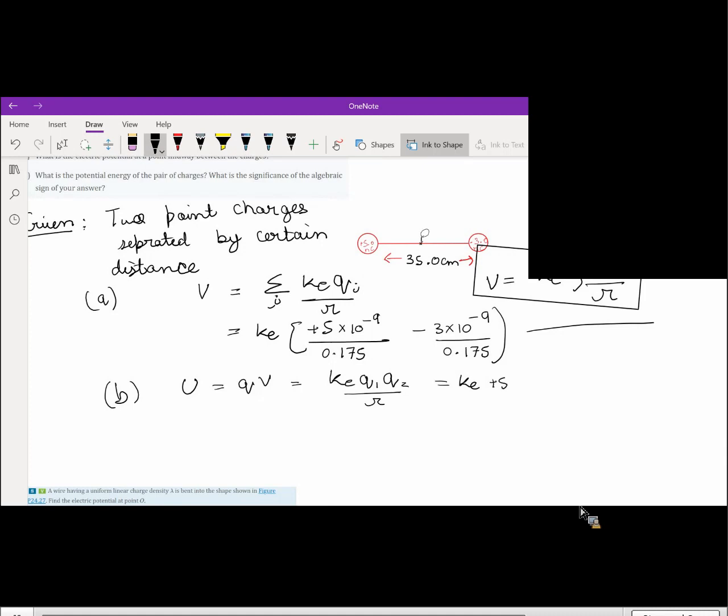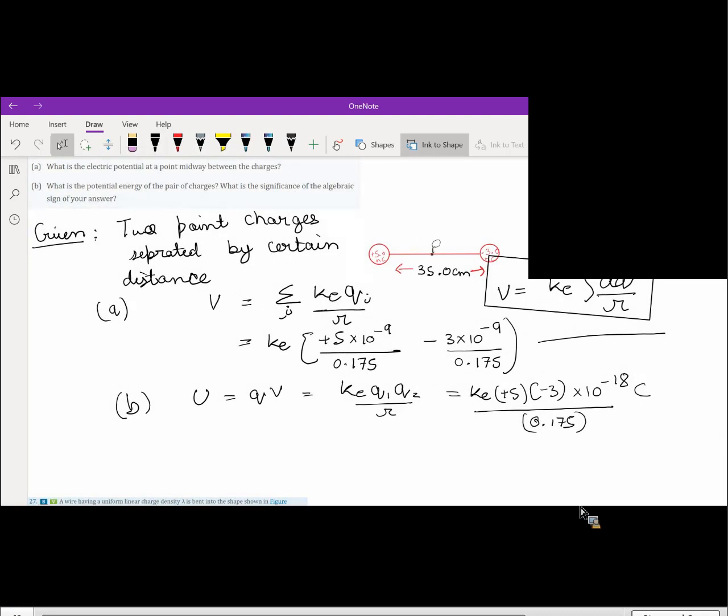Q1 times Q2 is plus 5 into minus 3 into 10 to the power minus 18 coulomb, by R. R is 0.175. Oh, sorry, it's a pair. It's the potential energy of the pair of charges. That means 0.35.